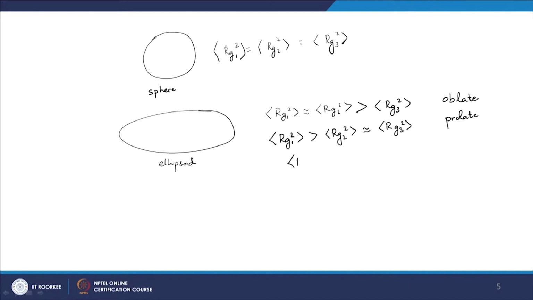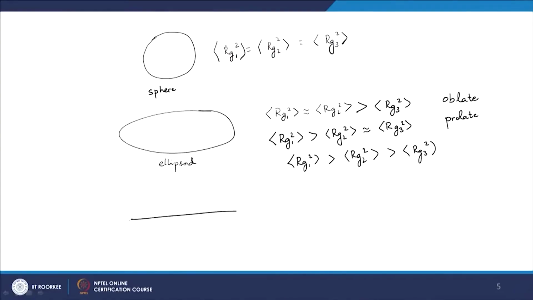If however we have all 3 different, we have a general ellipsoid. Okay, that is one point. And so we can look at these values, and that will tell me how the shape looks, right.